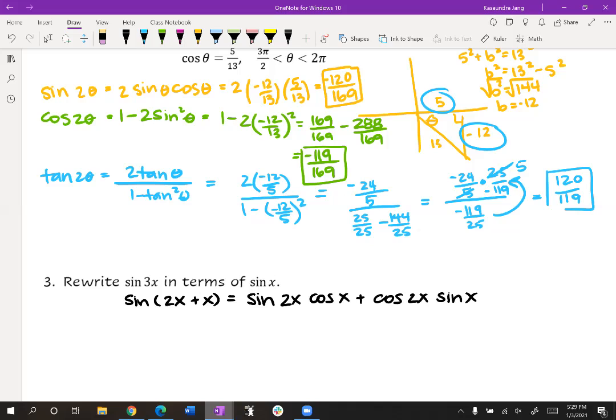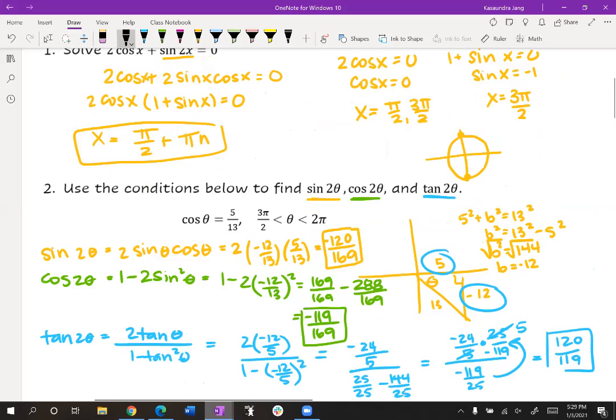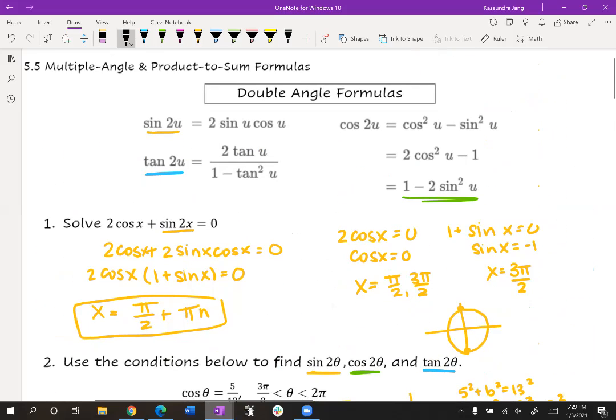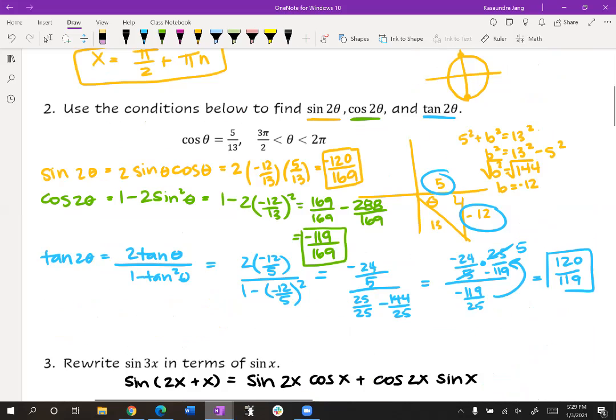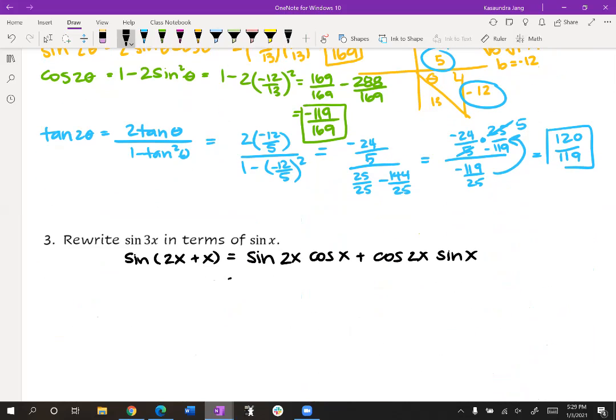So let's now break down our sine of 2x again. Here's our formula for sine of 2x. Sine of 2x is going to be 2 sine of x cosine of x. And I still have this other cosine of x. Okay, brought that with it.